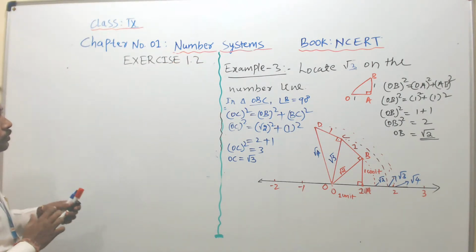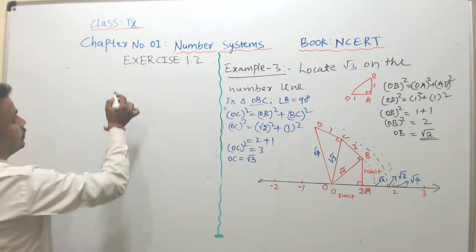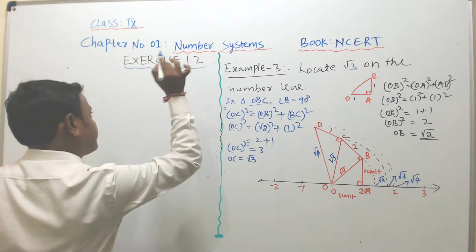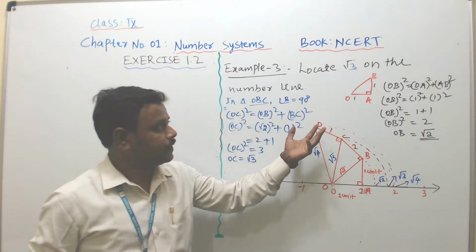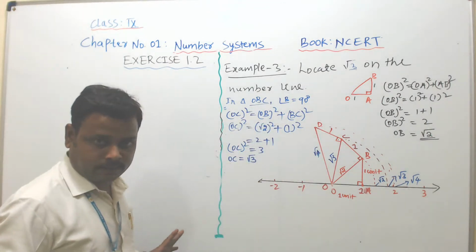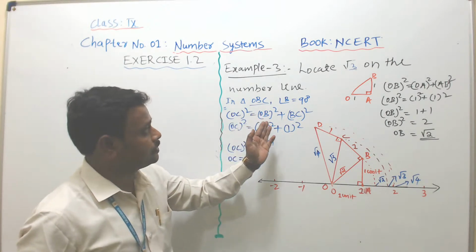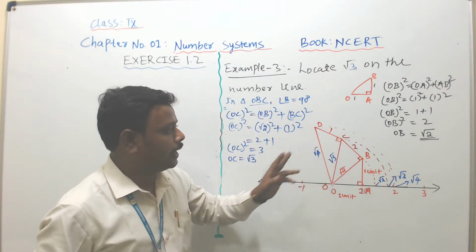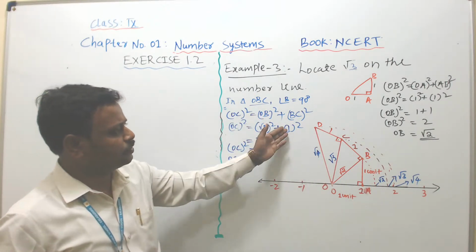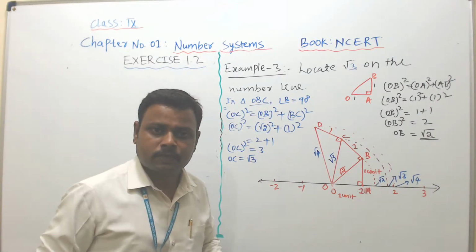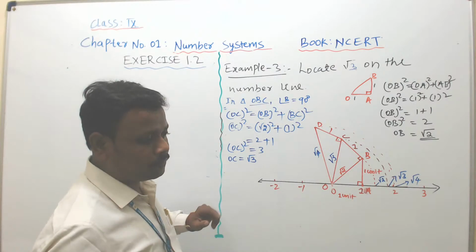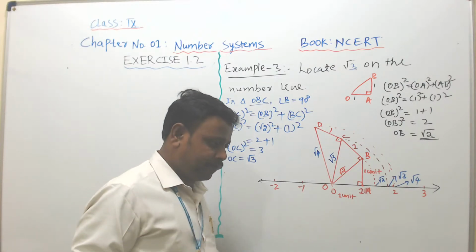Exercise 1.2. So in exercise 1.2, listen, this is very important. Just you can see that. So I represented root 2, root 3, and root 4. You can continue with root 5, root 6, root 7. That is also the activity of spiral root, in exercise 1.2, question number 4.